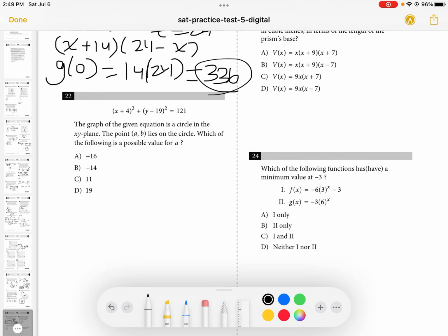So our circle center is at -4, 19. So that's our center, and its radius is 11. Right. And we want to know, given that the point a, b lies on the circle, which of the following is a possible value for a?